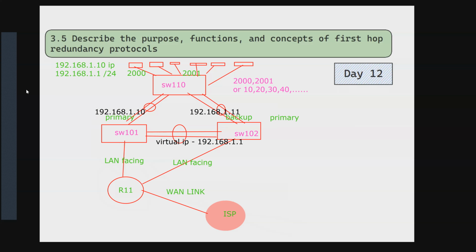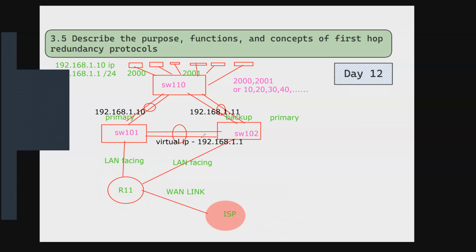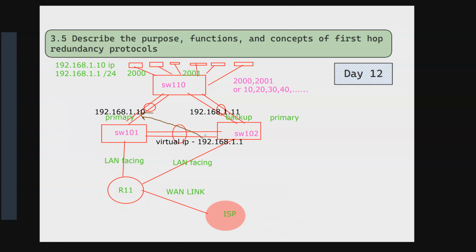And that ghost IP, that virtual IP that we have, will be glued with this also and this also. So this device does not have the switch 101 IP or switch 102 IP, but it has some ghost IP. In FHRP terms, that is the virtual IP, VIP. That ghost IP is nothing but the virtual IP. And this virtual IP is glued with this interface, or this IP, and this IP also.